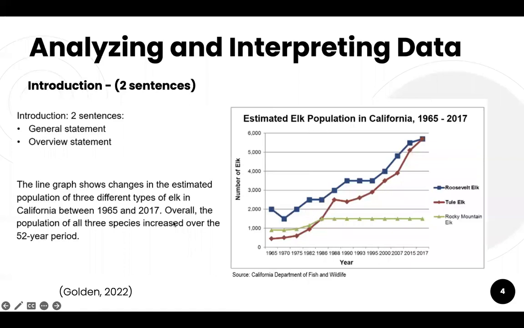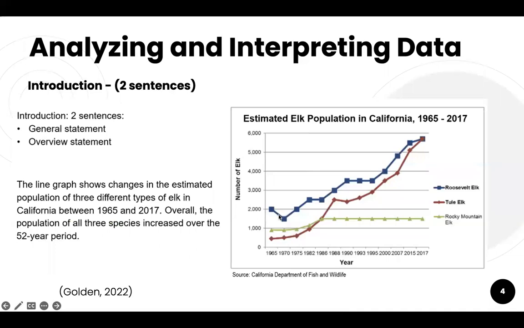see in the graph. So let's take a look at the sample from Golden 2022. The line graph shows changes in the estimated population of three different types of elk in California between 1965 and 2017. This is the overview statement. Overall, the population of all three species increased over the 52-year period.